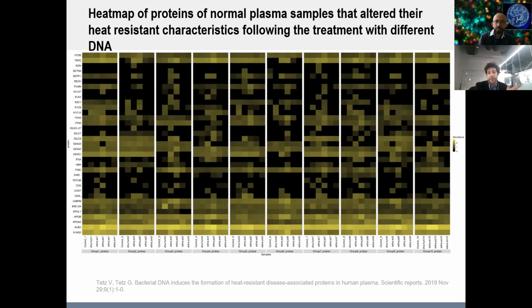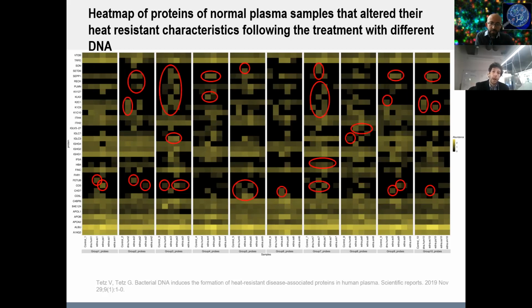What we have observed is that microbial DNA has both increased the number of certain heat-resistant proteins and led to the formation of heat-resistant proteins that prior to the treatment were not heat-resistant. Proteins that became de novo heat-resistant are marked with red circles.